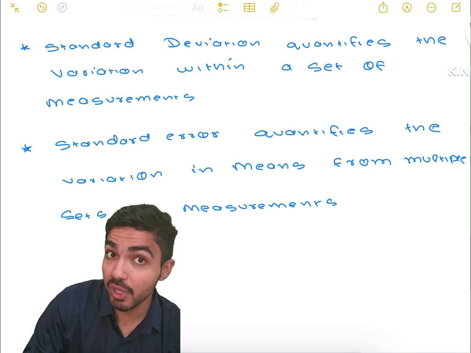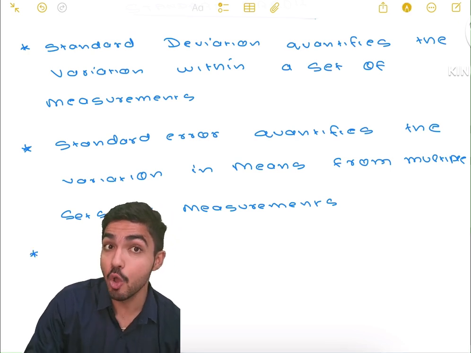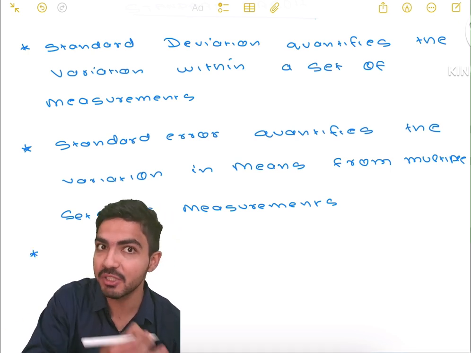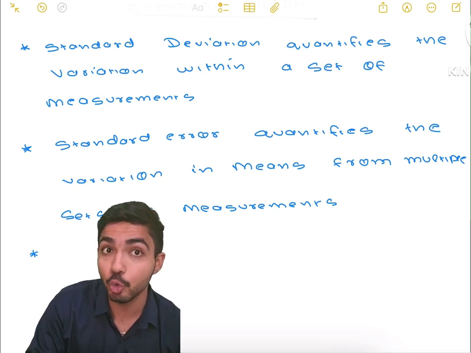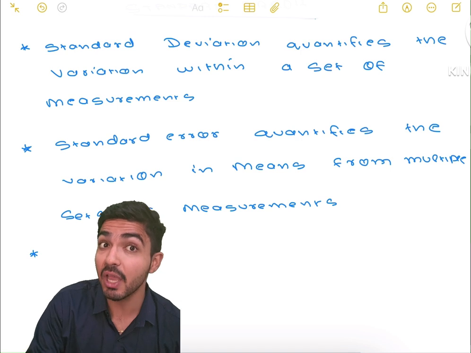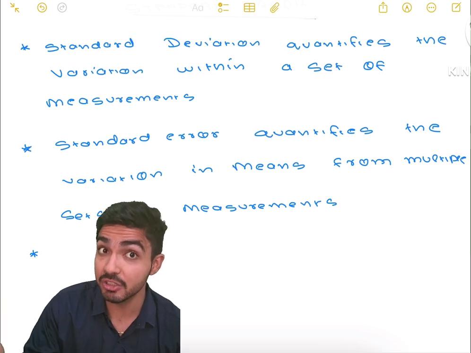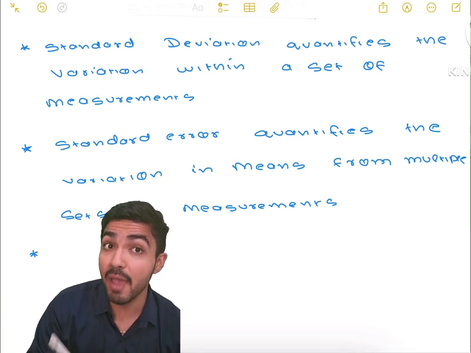As you have seen, we have calculated the variation of means of multiple sets of measurements. My multiple sets were groups of 15 students each, and I have calculated the variation in the means from the central mean, average mean.